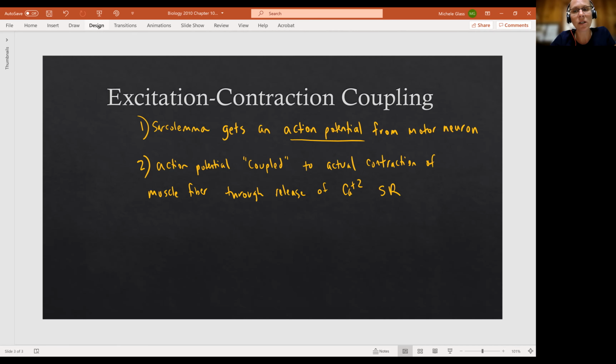So excitation-contraction coupling is telling us that the skeletal muscle fiber has to first get an action potential from the nervous system. Then ultimately, that signal is going to cause a release of calcium from the sarcoplasmic reticulum, and that's going to trigger the contraction. So the coupling here is talking about that exact connection.